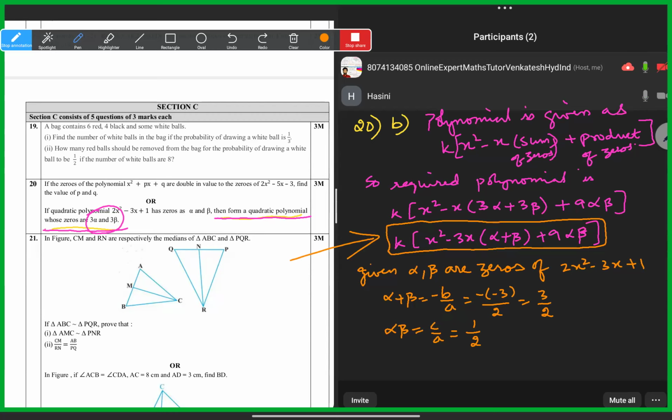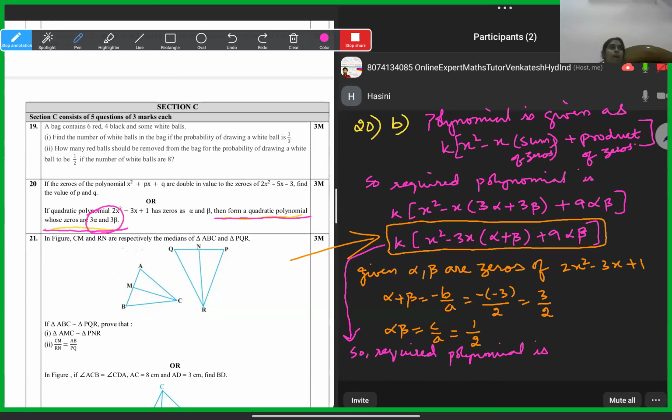just a substitution. In the place of alpha plus beta, we write 3 by 2, and in place of alpha beta, we write 1 by 2.